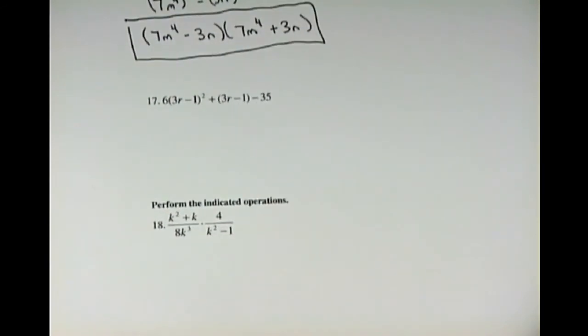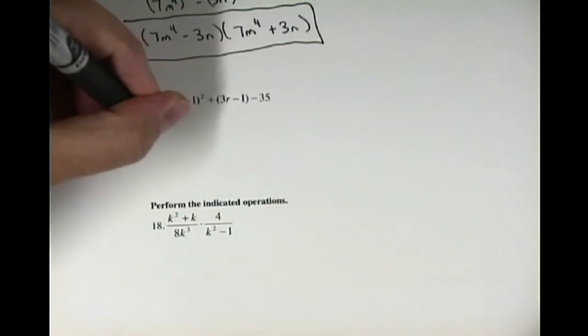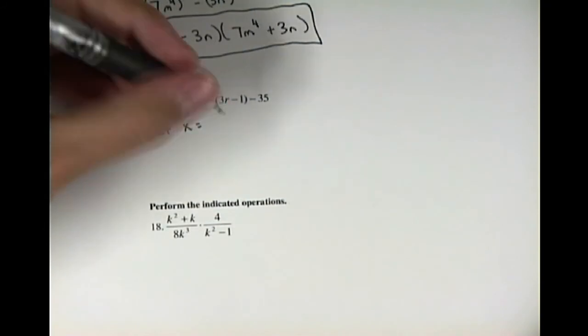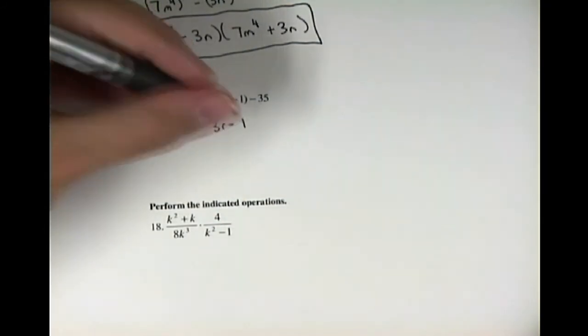Number 17 is a little icky looking. We're going to use a substitution on it. You don't have to, but that's going to really help make it manageable for you. So what you want to do on that one is let x equal 3r minus 1.